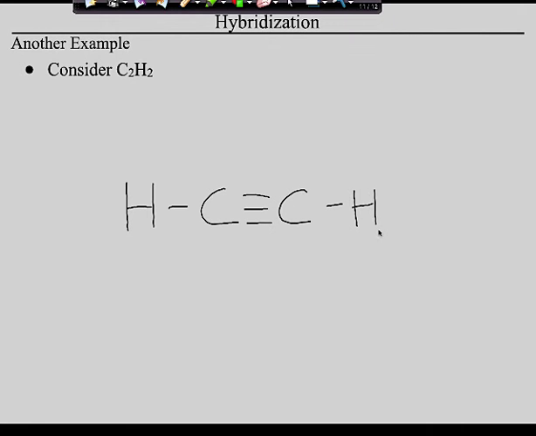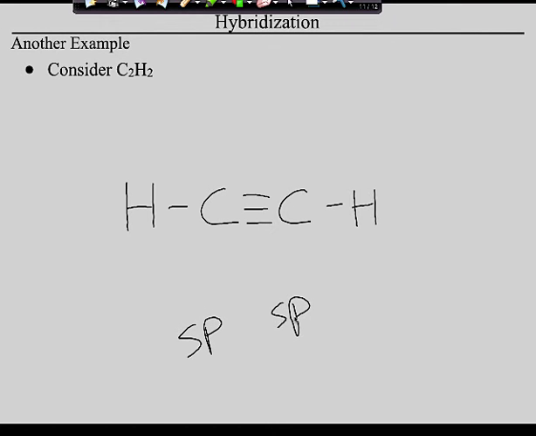First of all, what is the domain geometry around either one of these carbons? Linear, right? This carbon, 2 domains. This carbon, 2 domains. This is a linear molecule around either one of the carbons. If it's a linear molecule, what does the hybridization have to be? Good. So this is an sp hybrid, and this is an sp hybrid.